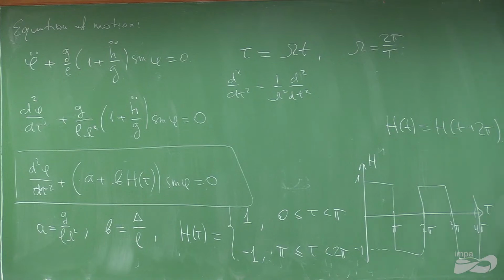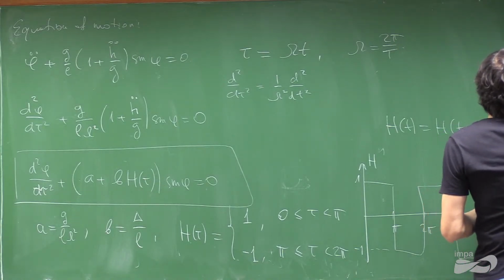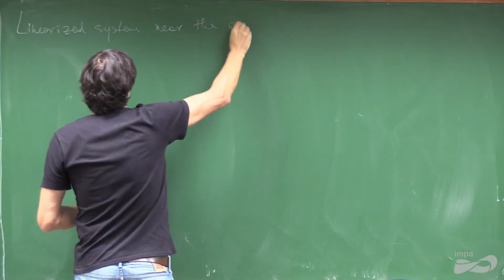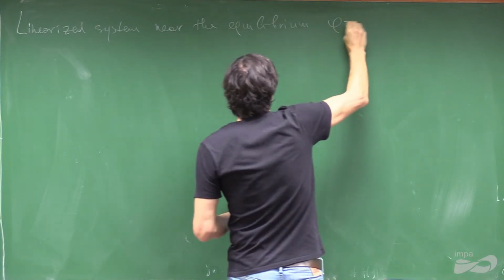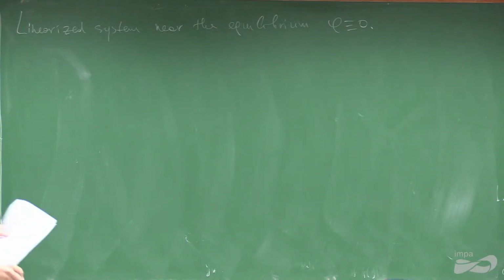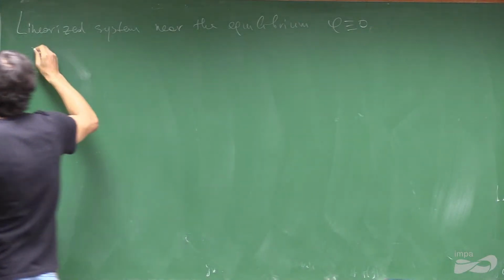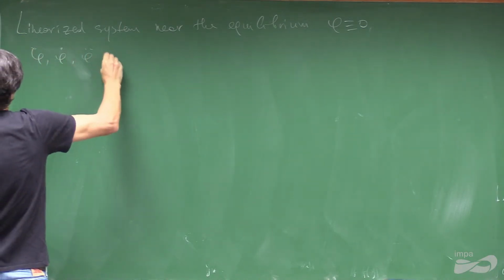And then in the same way as we did with the usual pendulum, we can linearize the system near the equilibrium, which is phi equals 0. Near this equilibrium means small angles. So angles, velocities, also accelerations, etc., are all small.